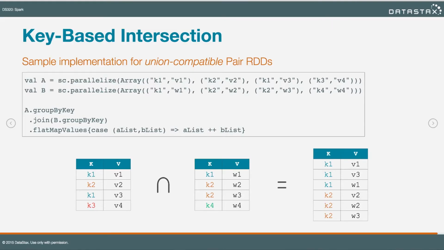You don't get iterables of the values that you saw on the inputs. So looking at the slide, we see we have to do a little bit of work. First, we're going to take that RDD A, group it by key, and join it to B grouped by key. That's really what a key-based intersection is, a join. However, at the end, we'll flat map the results. We'll flat map the values and unroll the collections that the join created for us.